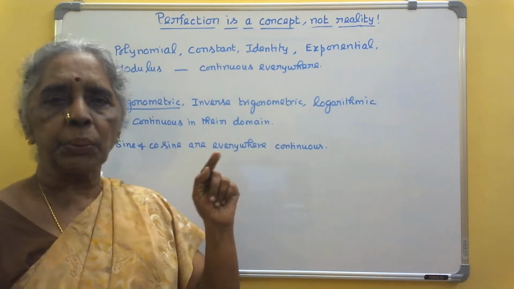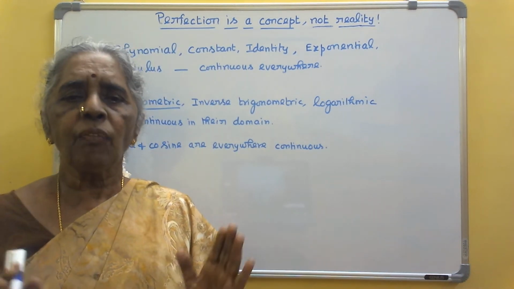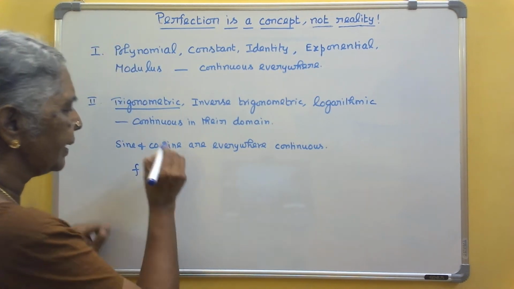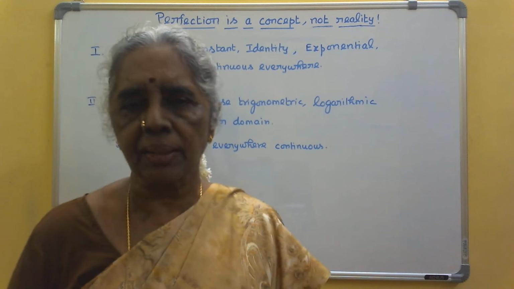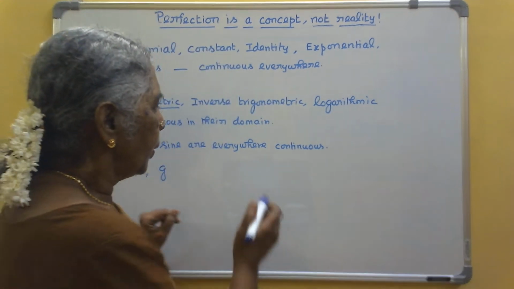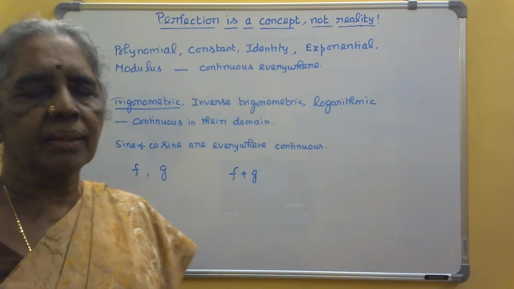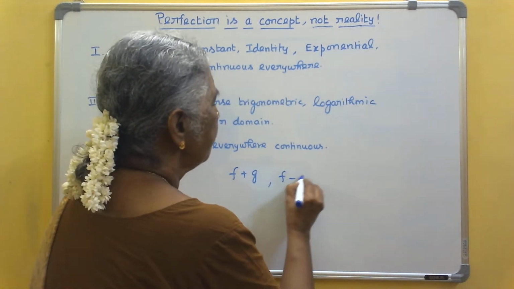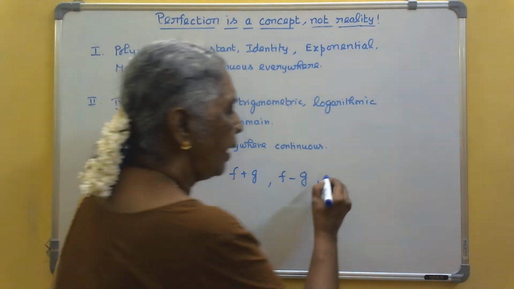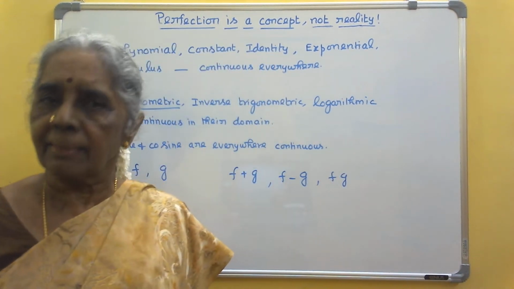Before going into that, I want to tell one more concept. If you have two functions f of x and g of x which are continuous, then you can say f plus g is continuous. Similarly, f minus g will also be continuous, and f into g will be continuous. Is it clear?